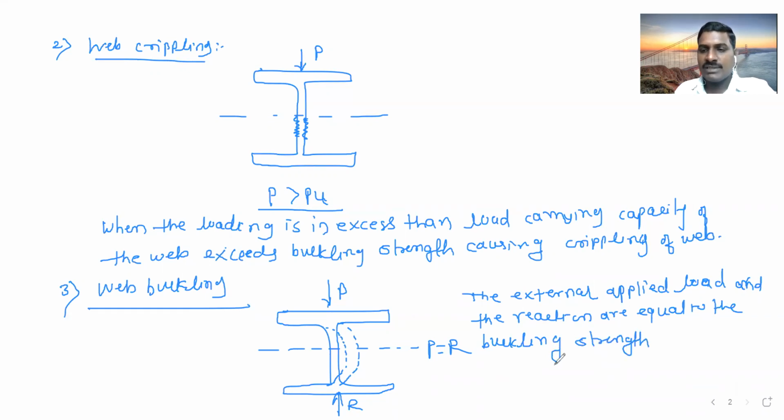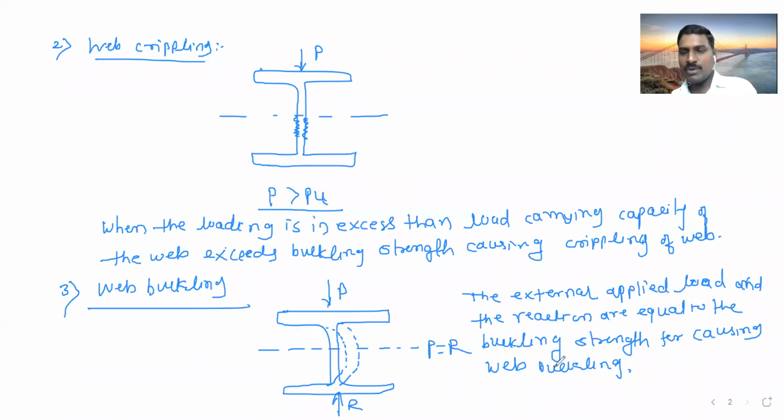So whatever the buckling strength is, for this buckling strength, applied load and reactions both are equal for causing web buckling. So when both the applied force and the reaction coming due to the applied force are equal, then your beam will buckle, because both forces are equal and they are applying force on this web. So in this way, buckling will be there.